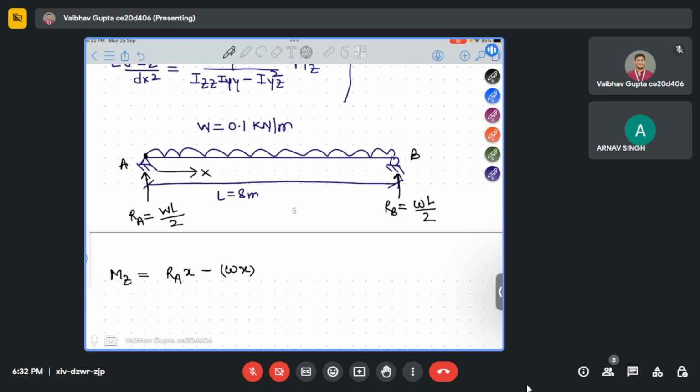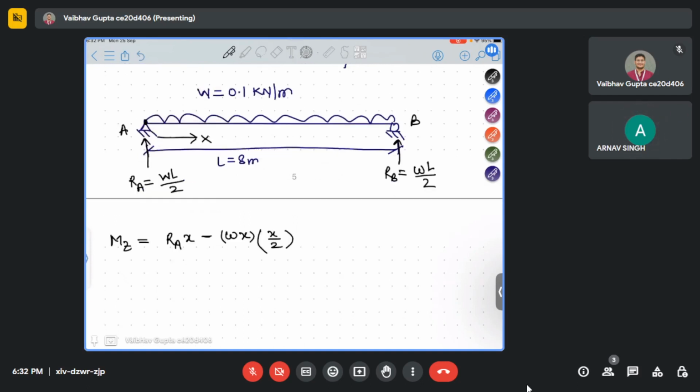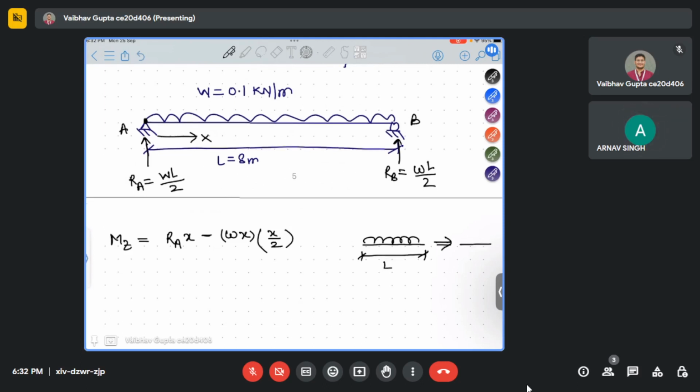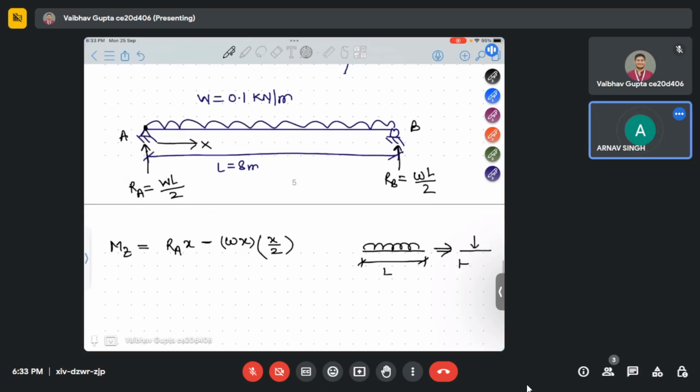This is load because it is in per meter, no? It will act at the half point, x by 2. In a UDL, this UDL of length L is equivalent to a point load at L by 2.